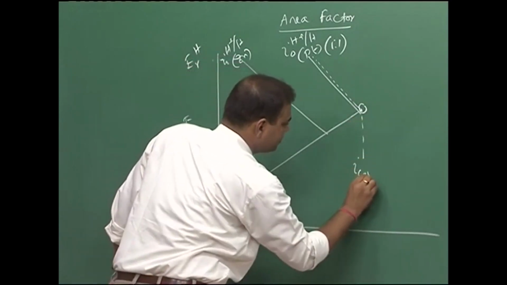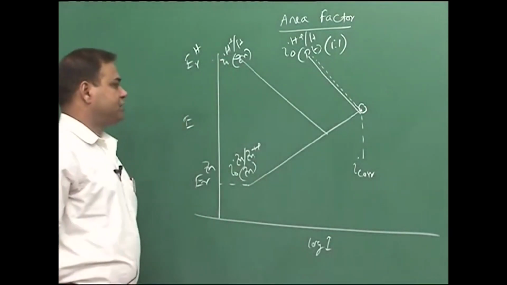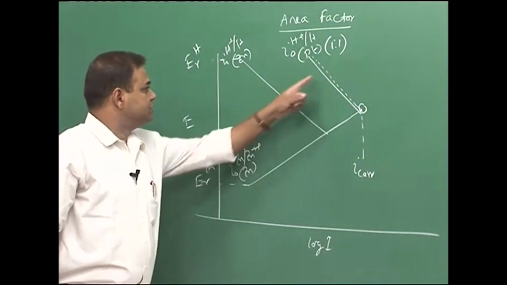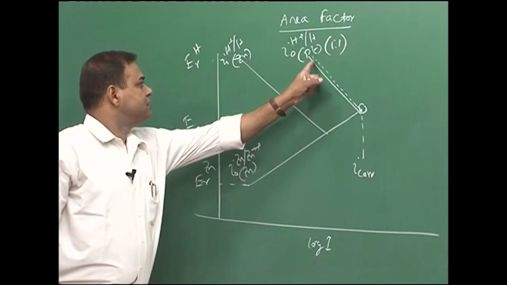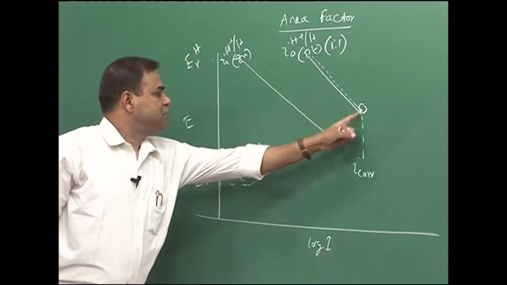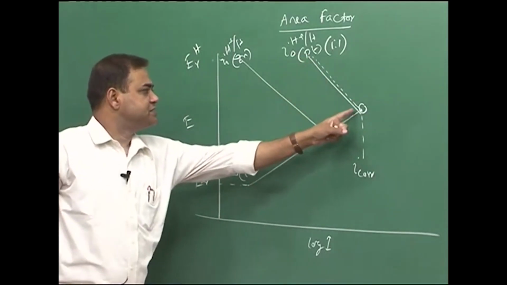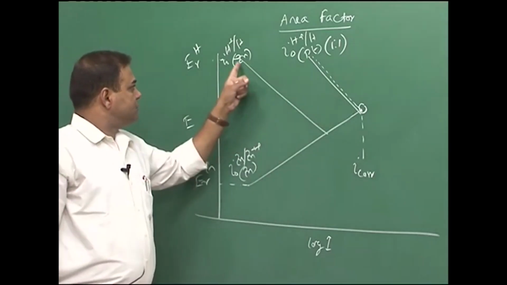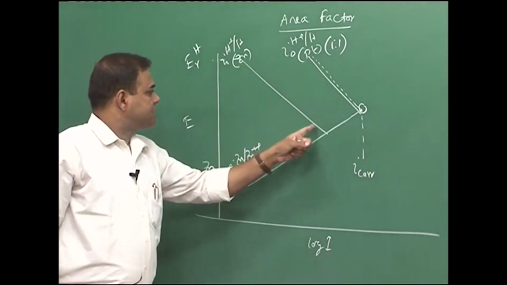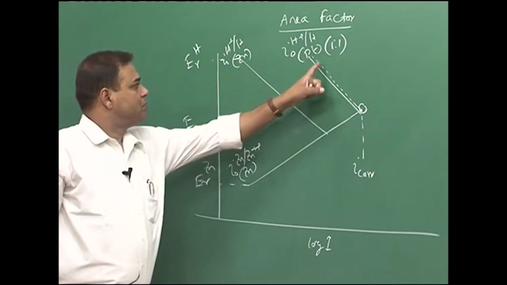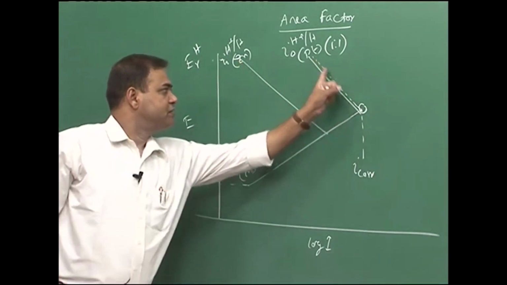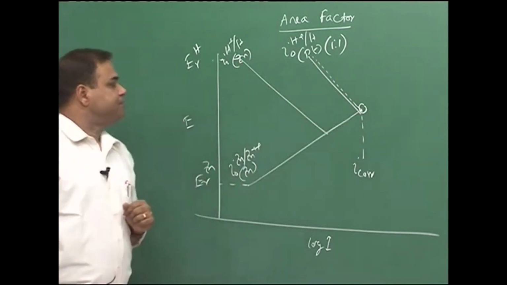This is my I corr, and the dotted line indicates that it combines the hydrogen evolution reaction current density on platinum and the hydrogen evolution reaction rate on zinc. Both these rates are combined on this dotted line.